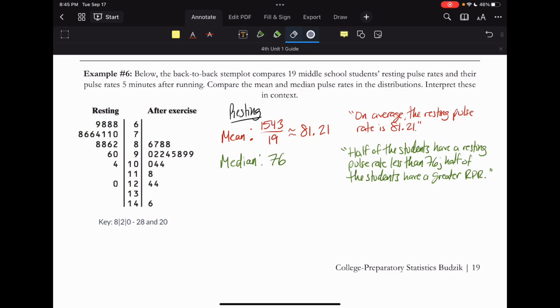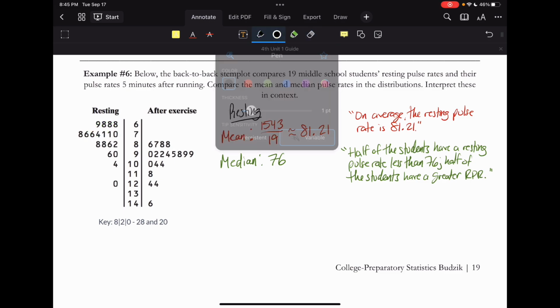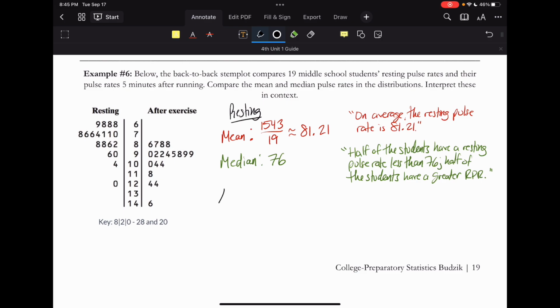And we can do the exact same thing now to find the pulse rates after exercise. So to find my mean, again, I'm going to add everything up.